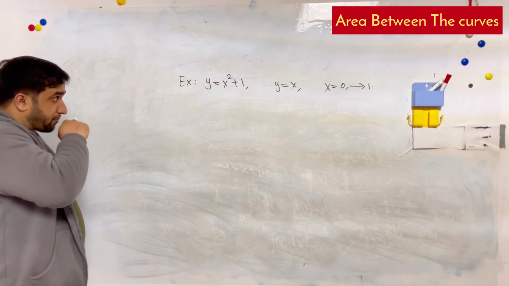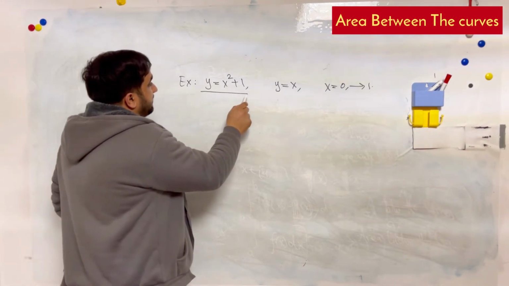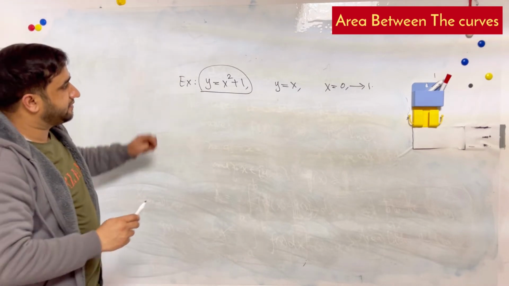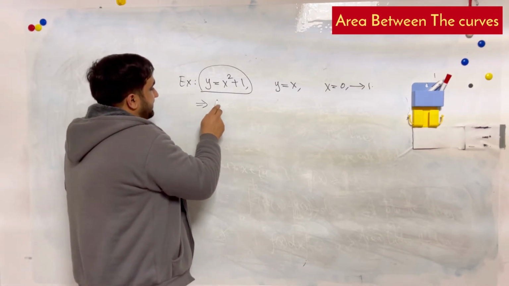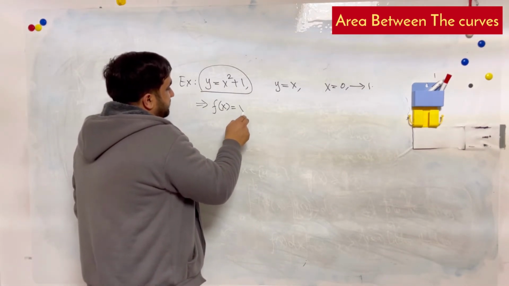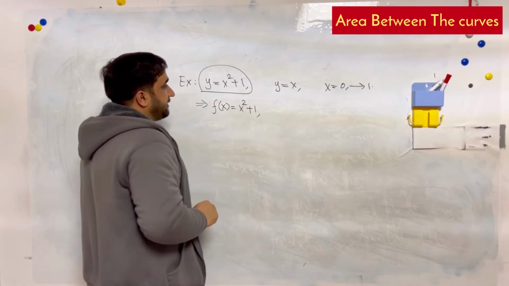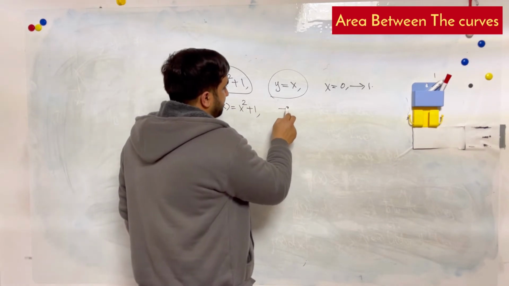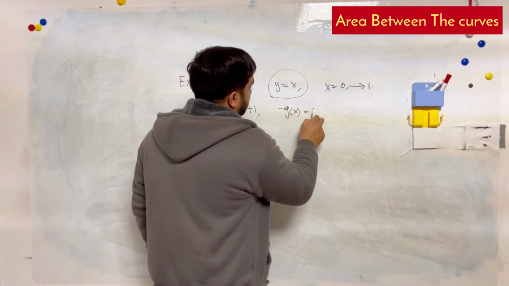So they said the function which is covering the region from above is this one. So I can say, let's say f of x is x square plus 1. And the function coming from the bottom is this one. So let me say g of x is x.